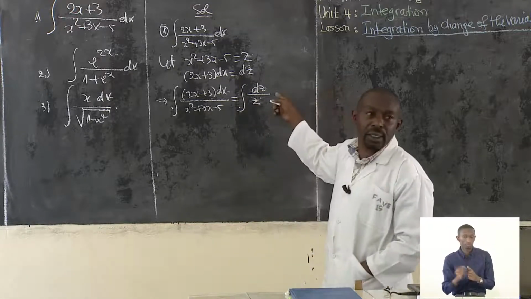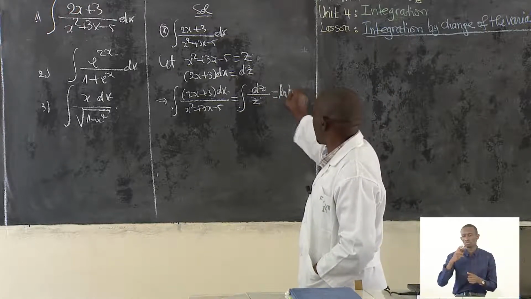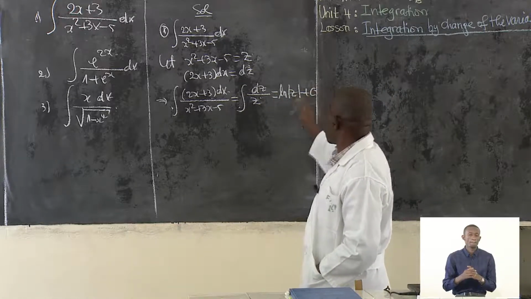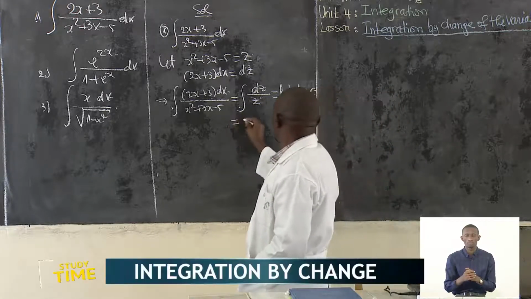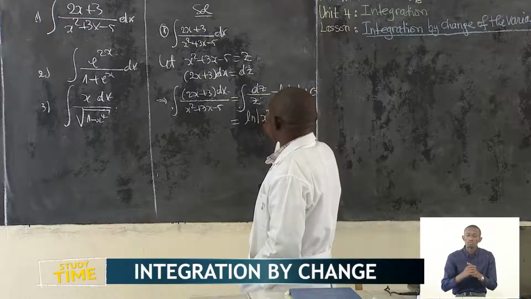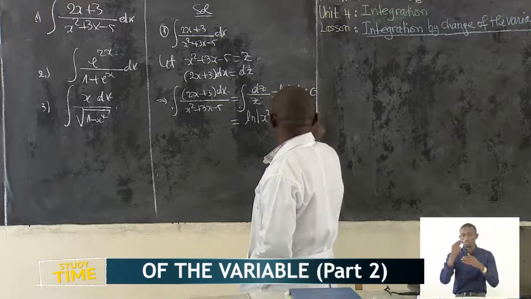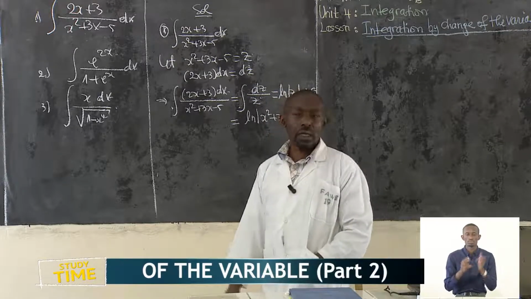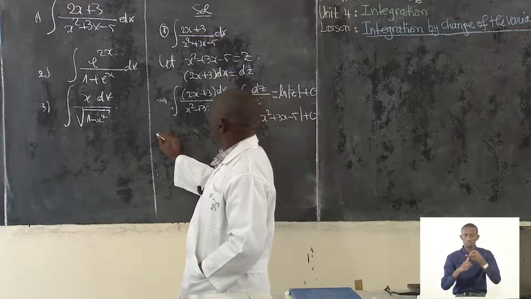And this is the standard integral, which means you have ln of z plus c. So replacing z by its value, the integral is ln of x squared plus 3x minus 5 plus c. I'm done with this first example or activity.